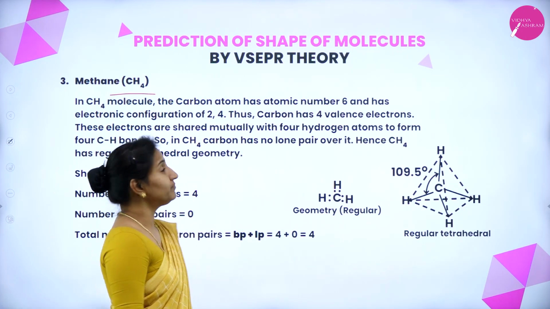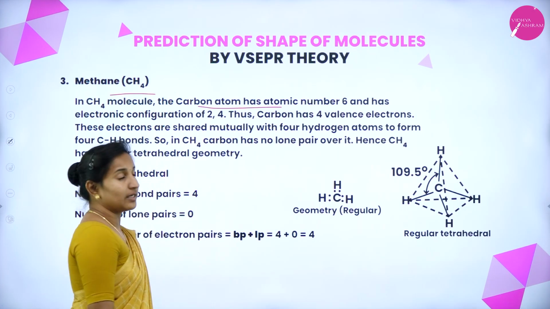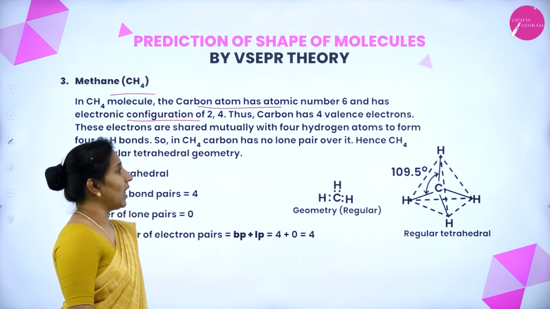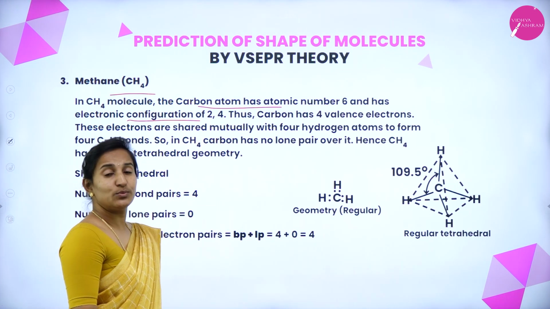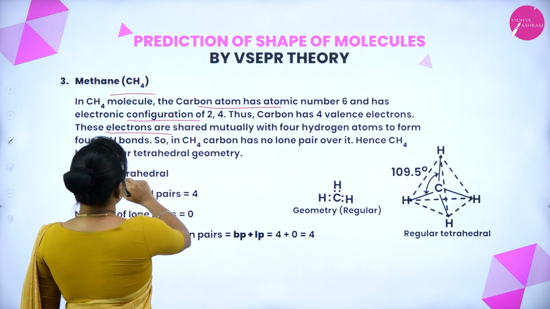Methane molecule. The carbon atom has atomic number 6 and electronic configuration 2, 4, that is, carbon has 4 valence shell electrons.